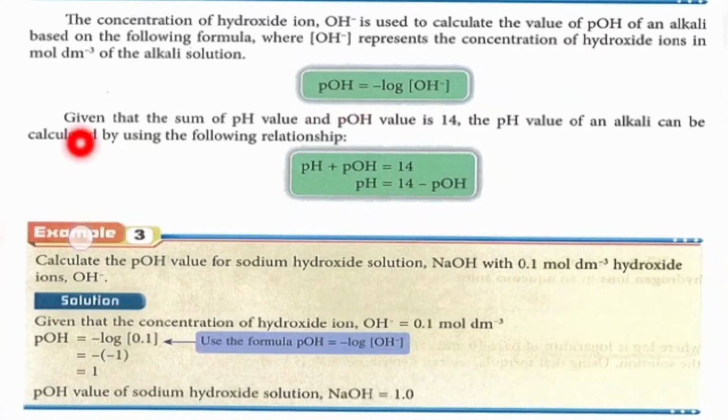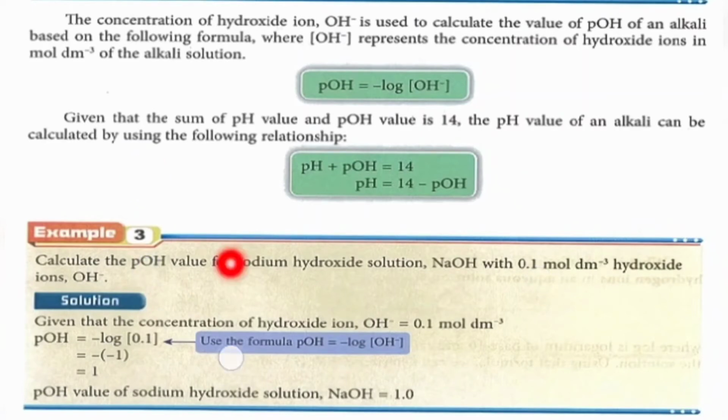Alright, example number 3. Calculate the pOH value for sodium hydroxide solution NaOH with the concentration 0.1 molar hydroxide ion. Okay, so now we want to find the pOH value given the concentration.